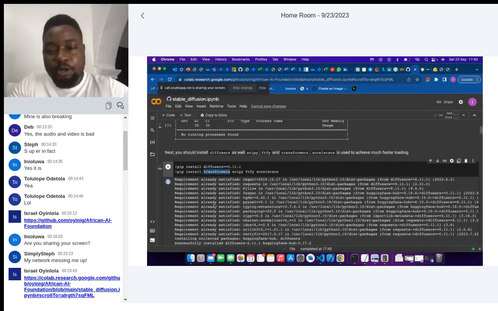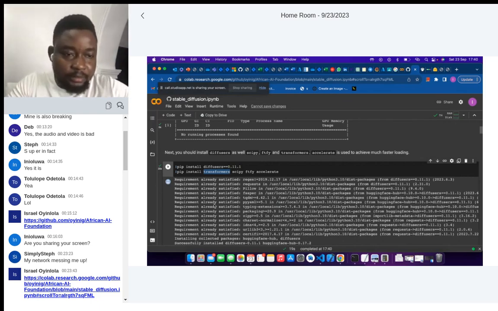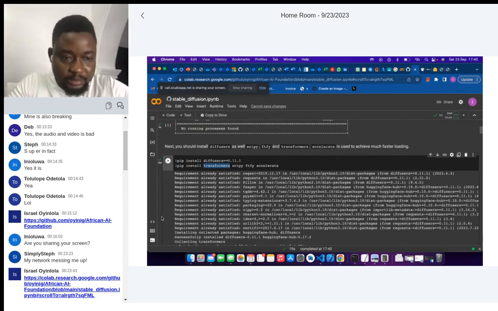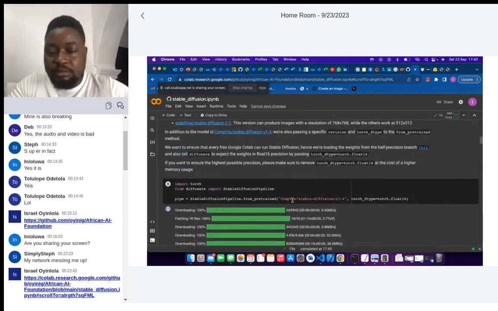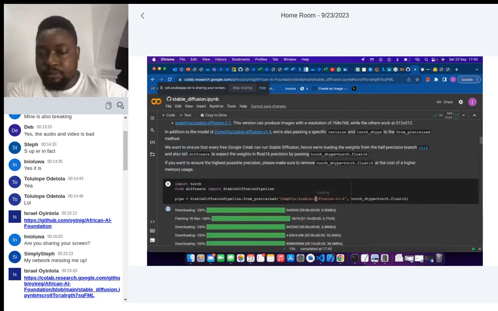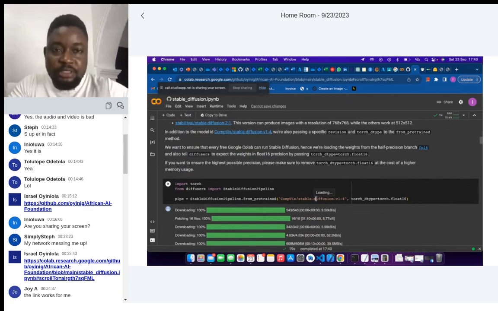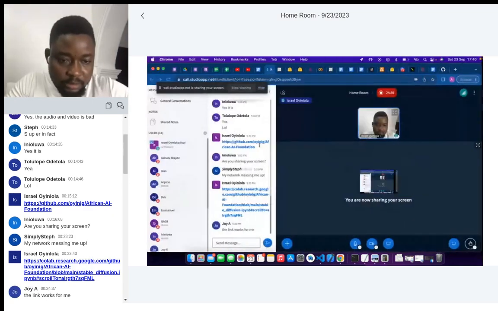So this is just for us to be able to understand what's going on with all these things, right? So we have a bunch of diffusion models available to us. We're just going to be using.